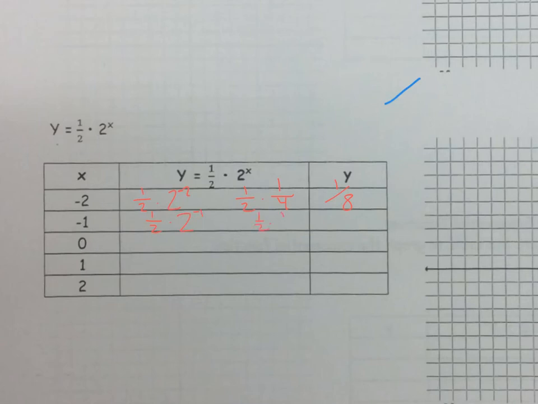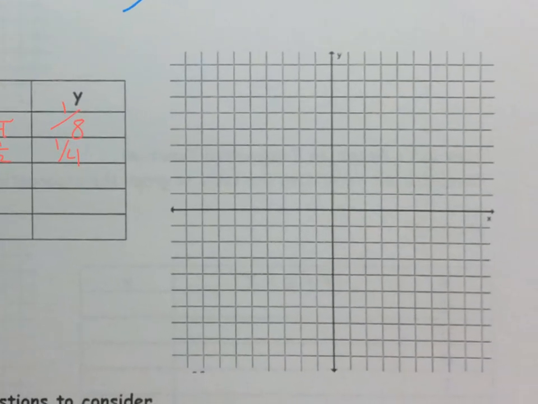That's 1/2 times 1/2, which is 1/4. I think you can do the other ones, but something I want to point out when you graph it: because these numbers are so small, it might be a good idea to say, okay, there's negative 1, negative 2, negative 3, and 1, 2, and 3. Spacing that out so you can get a better feel for the graph.